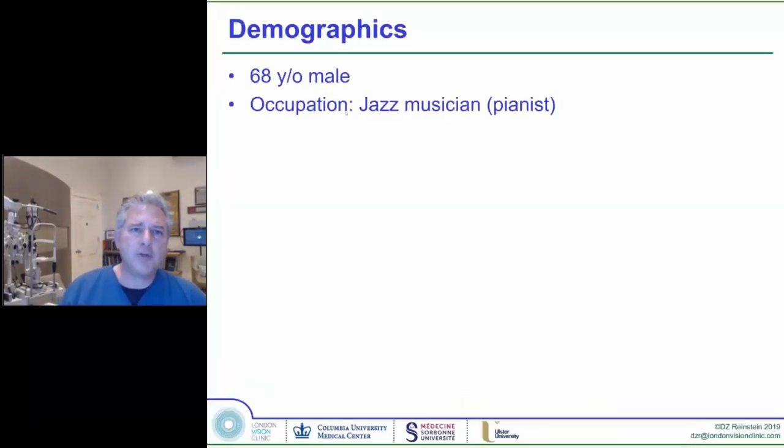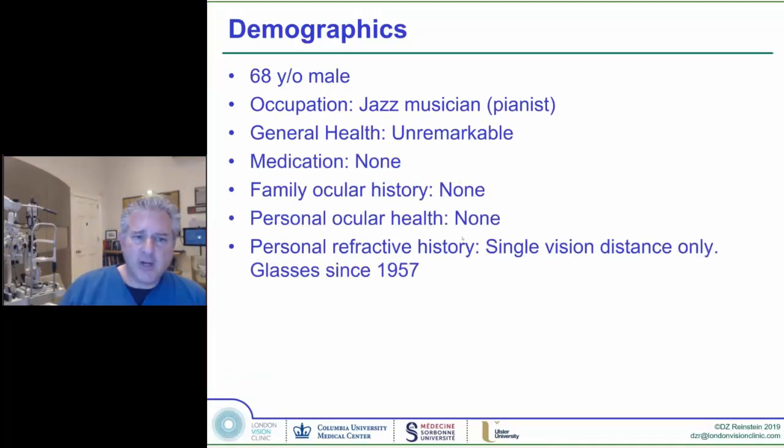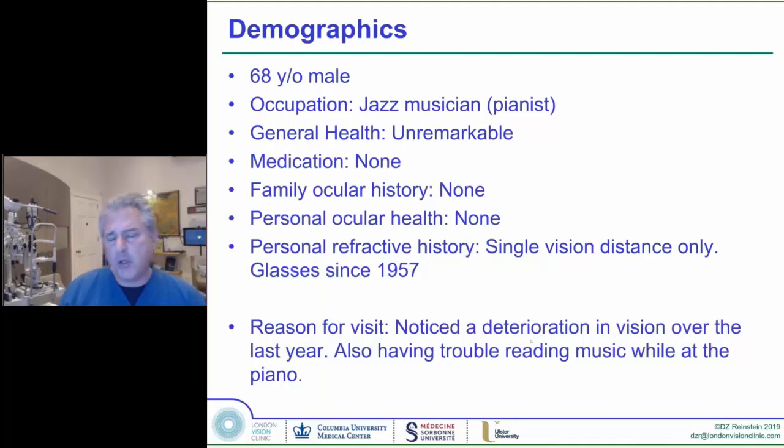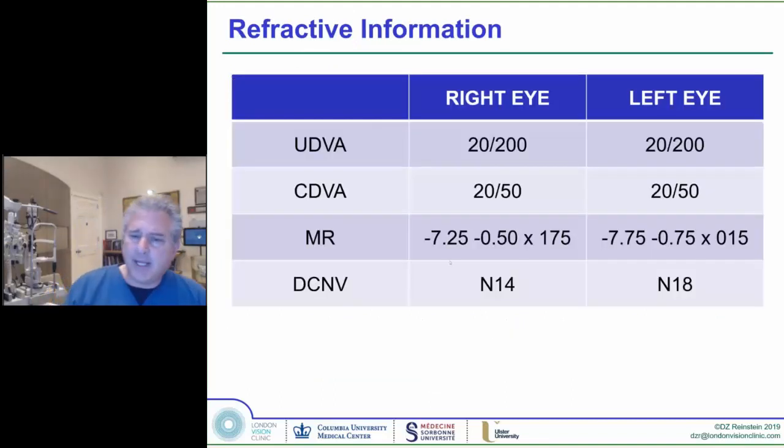Now, why do we do that? Well, here's a 68-year-old jazz musician who was healthy, everything was fine, nothing remarkable in his history, but he noticed a deterioration in his vision over the last year, having a bit of trouble reading music while at the piano, and wanted a solution. So he presented, I examined him, whoa.